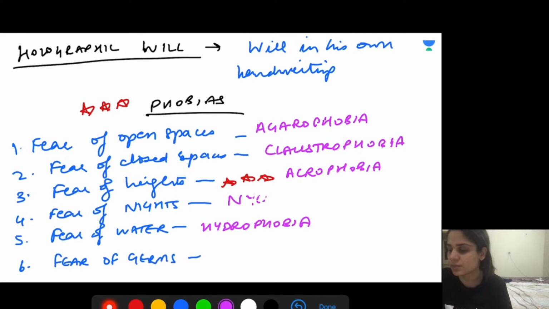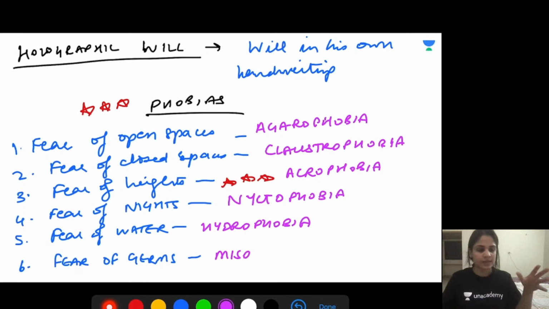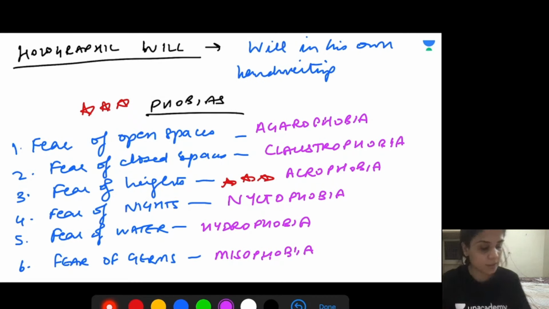And fear of germs, meso means germs, so fear of germs is mesophobia. Okay, so fear of open spaces, agoraphobia. Fear of closed spaces, claustrophobia. Fear of heights, acrophobia. Fear of nights, nyctophobia. Fear of water, hydrophobia. And fear of germs, mesophobia. These are the commonly asked phobias in the exam.